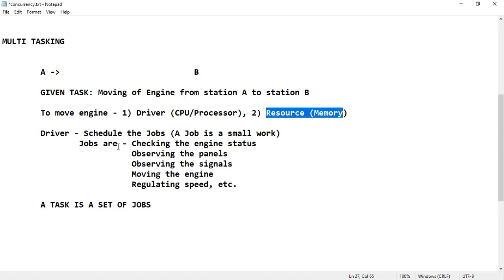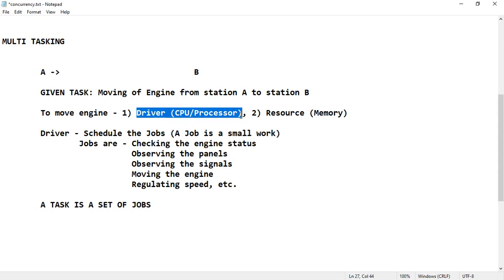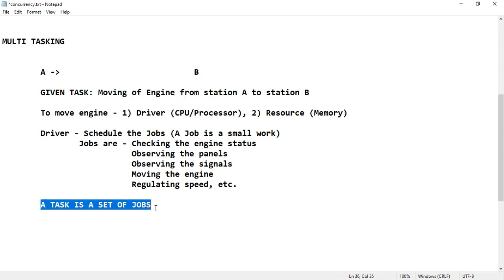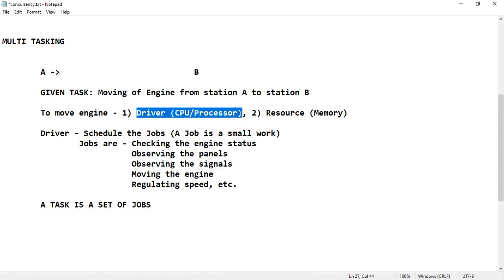So in order to execute this task, you require a processor. That means this task consists of a set of jobs. How these jobs should be regulated, and which job should be executed first, all these things will be done by the processor.